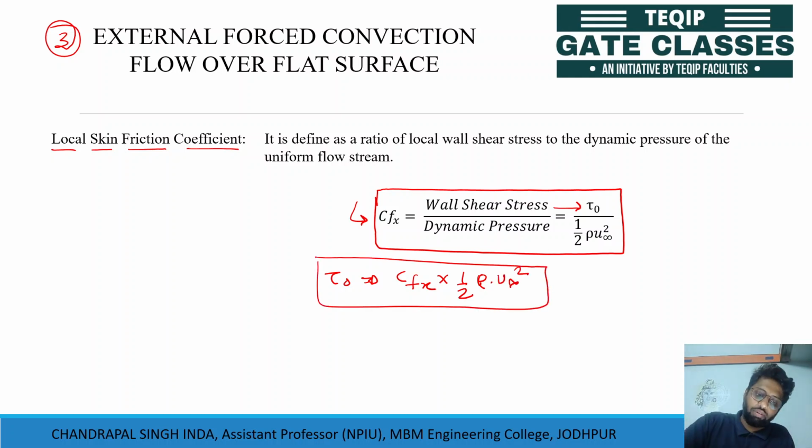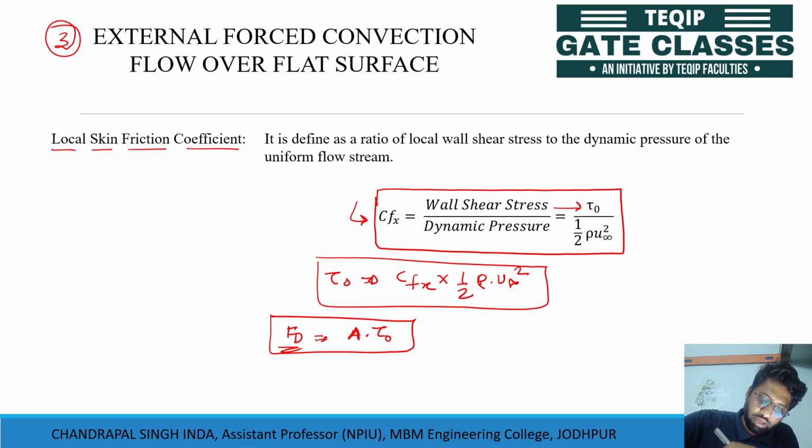This is how we find the value of wall shear stress, and we can also find the drag force, which will be equal to the area into wall shear stress. This is when the flow is on only one side.